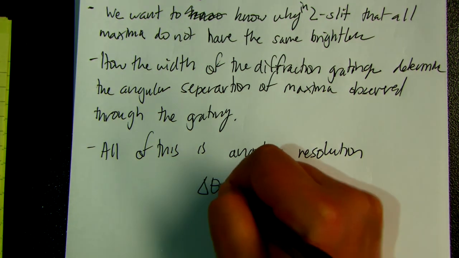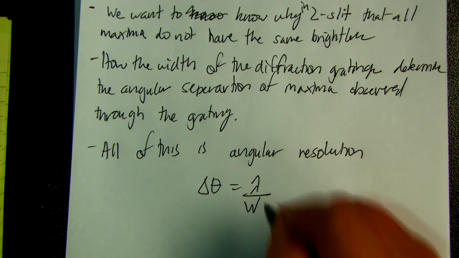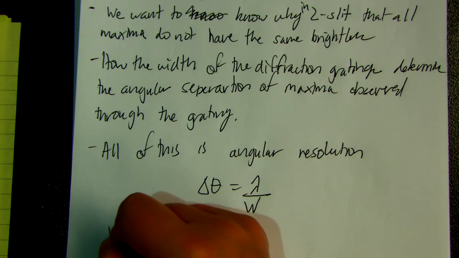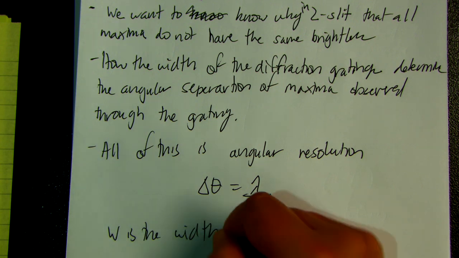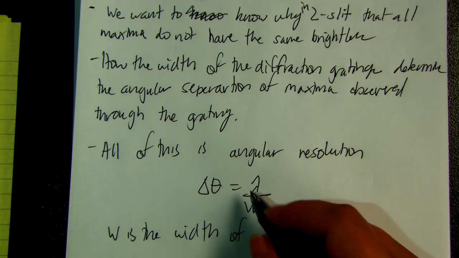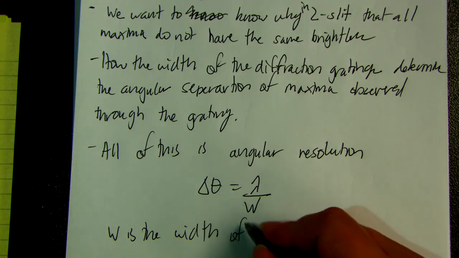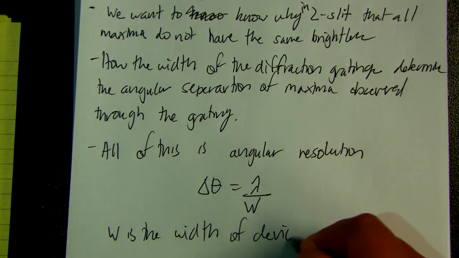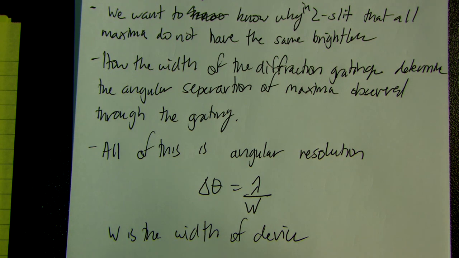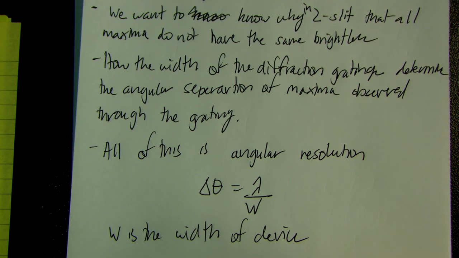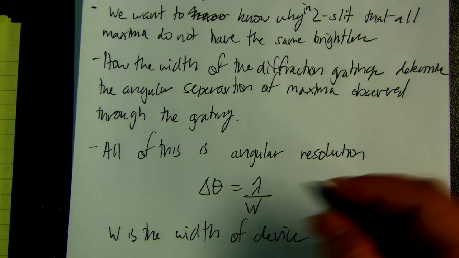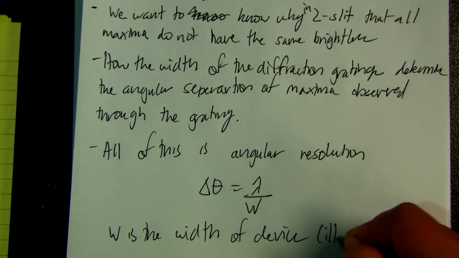So delta theta is equal to lambda over W, where W is the width of the device, and more specifically, the illuminated portion.